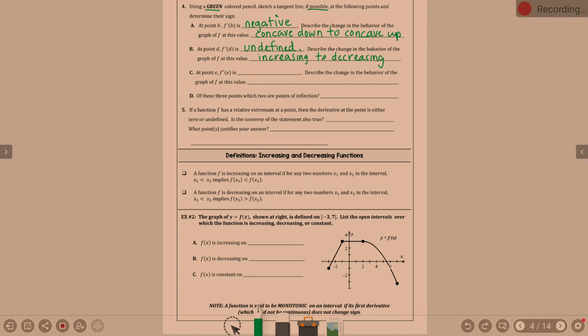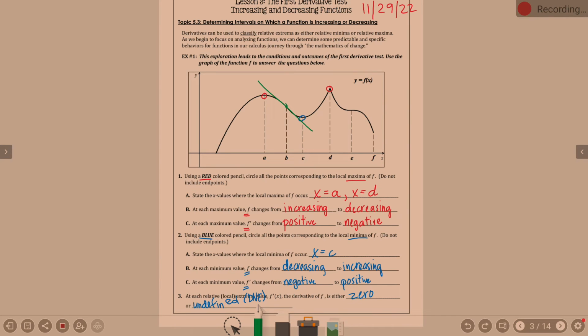Okay, point E. See if we can draw a tangent line at point E. Point E, right here. What's your tangent line look like? It is a horizontal tangent line.